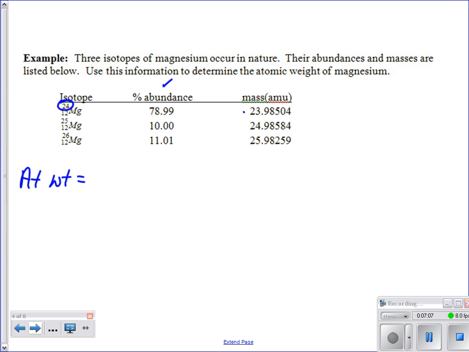So here I know that this is magnesium 25, magnesium 26, right? Because we see that the mass is just slightly less. So just kind of recognize that.